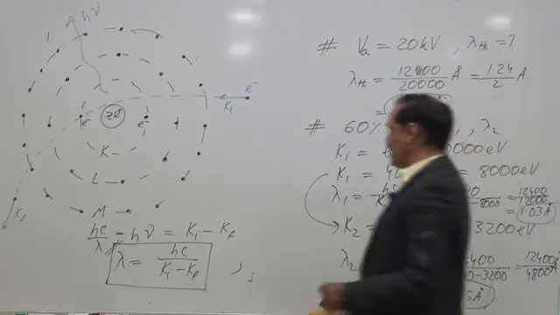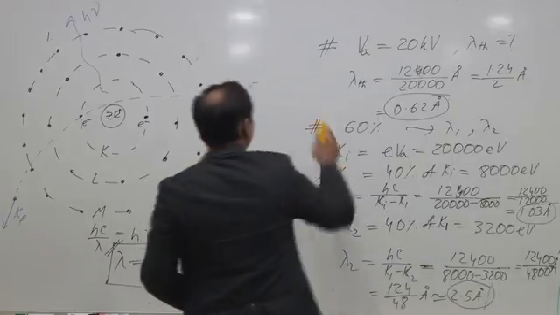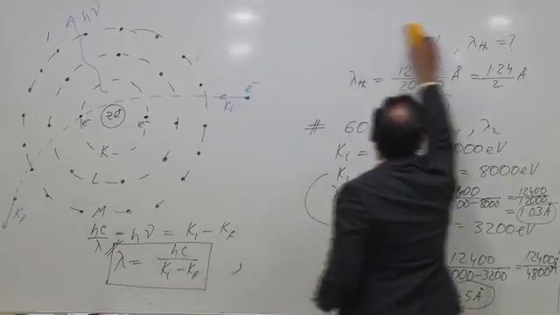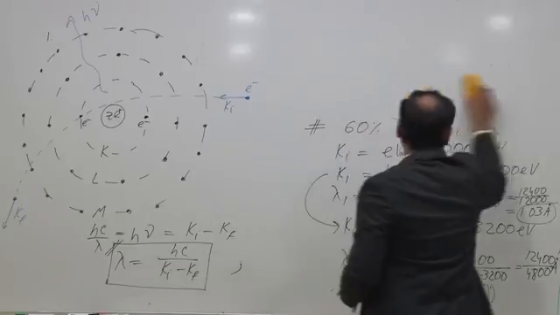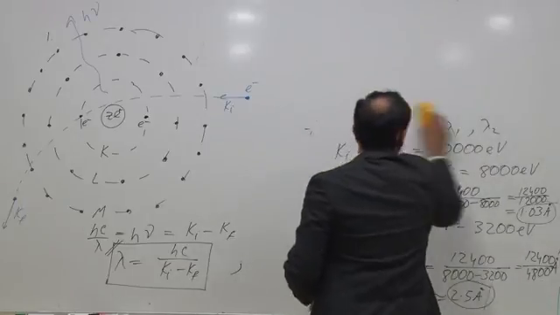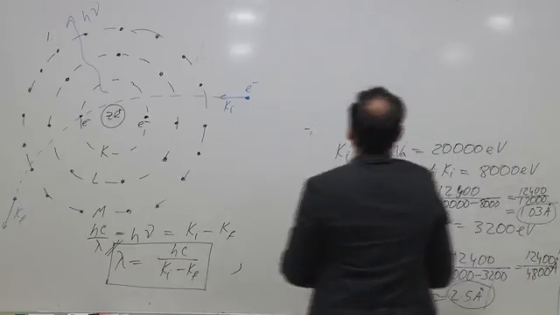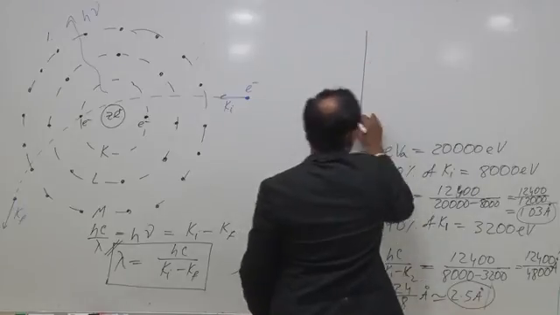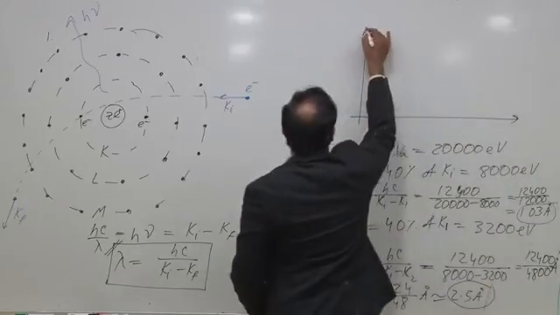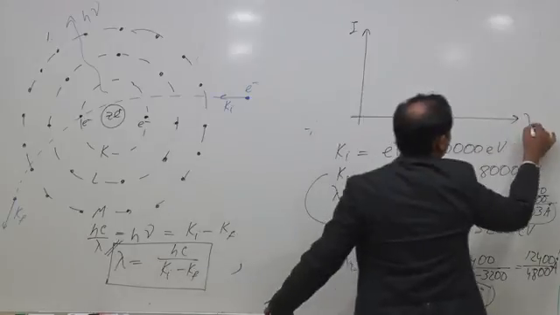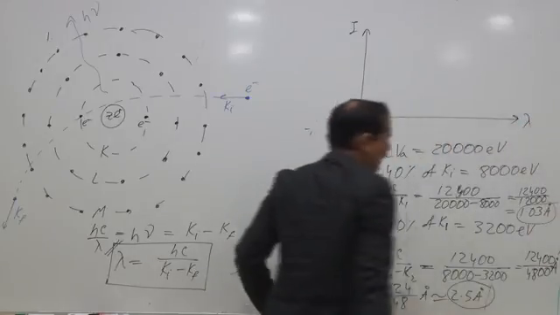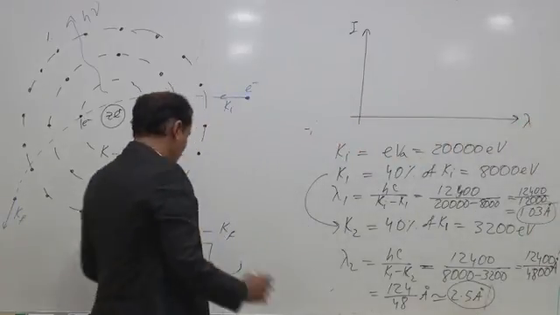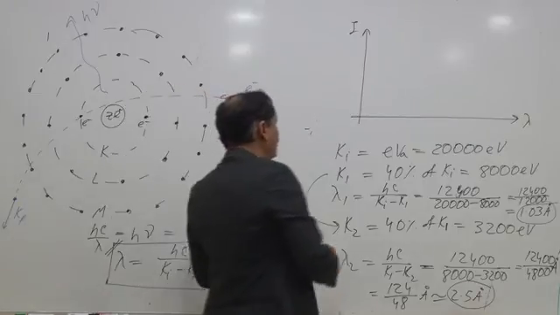If I plot the graph of intensity, or number of photons, versus their wavelength, then the graph of intensity versus wavelength of emitted photons for continuous X-ray looks like this.